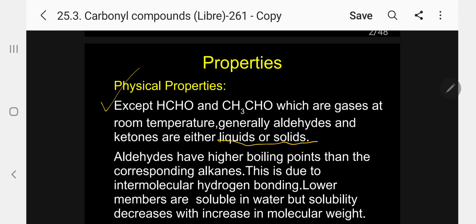Most important information: aldehydes have higher boiling points than the corresponding alkanes. This is due to intermolecular hydrogen bonding, which is possible in the case of aldehydes. Kindly follow. Lower members are soluble in water, but solubility decreases with increasing molecular weight.